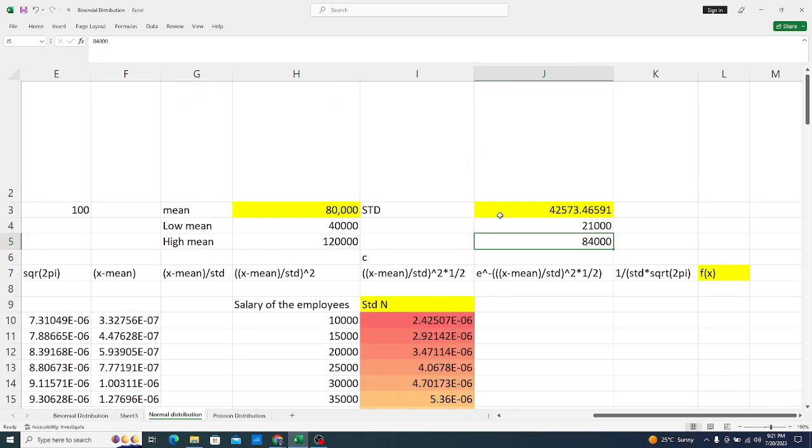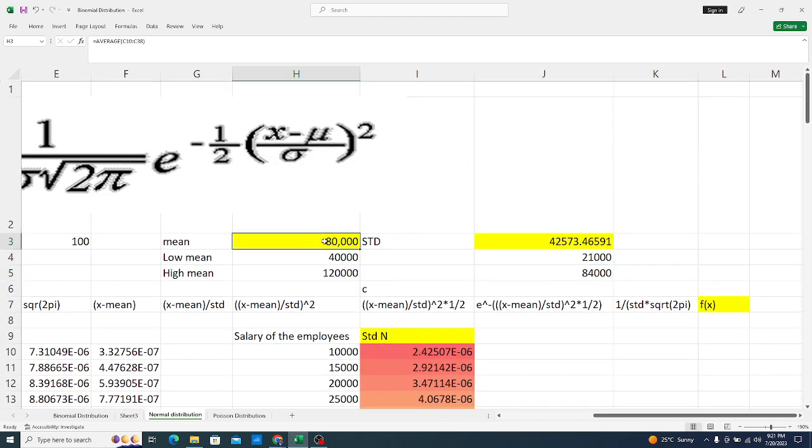A high value of standard deviation. So here we are going to maintain our mean at standard. Since I don't want a lot of work rewriting the formula, I'll just edit it.